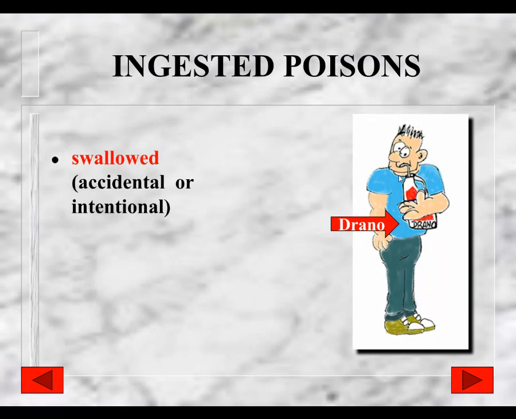If it's swallowed, we hope that that's accidental, but sometimes poisons are ingested intentionally. Sometimes they are actually given to people intentionally as well. I'll give you guys an example. Many years ago, I worked in an emergency room where a mother put green antifreeze in a sippy cup for her child, instead of the green juice that the baby was used to drinking.